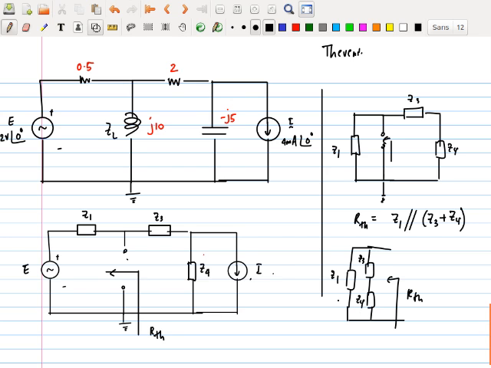Now I have to find the open circuit voltage. How am I going to find the open circuit voltage? Which method do you think would give me the open circuit voltage easily?